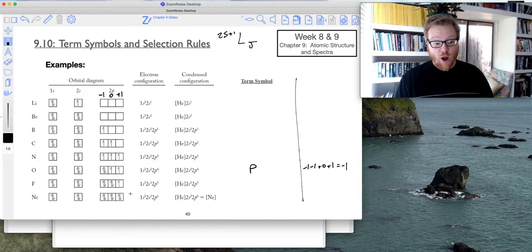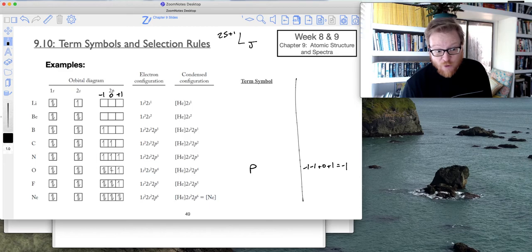Well, if we were to add up all of the spin states for this, we would see that we have 4 electrons to consider. But 2 of these electrons are paired up, and they give me an S equal to 0, so that pair is going to cancel out.